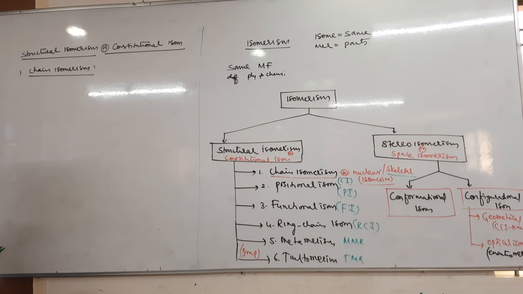Chain isomerism: organic molecules which have the same molecular formula but differ in parent chain or side chain are called chain isomers, and this phenomenon is called chain isomerism.